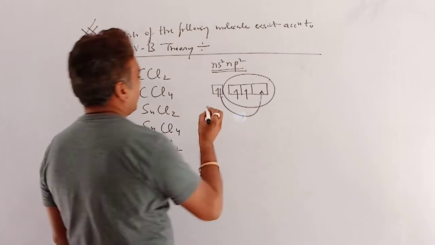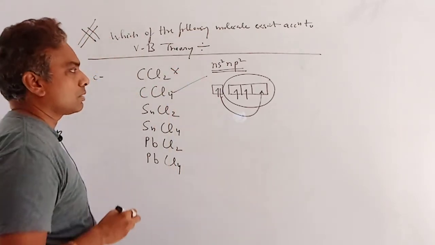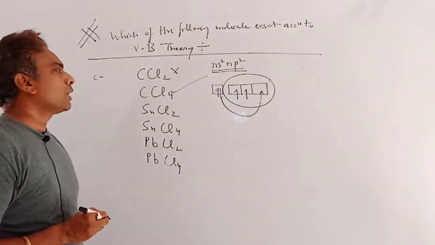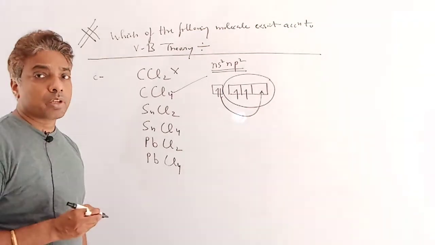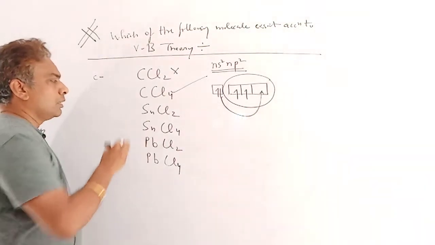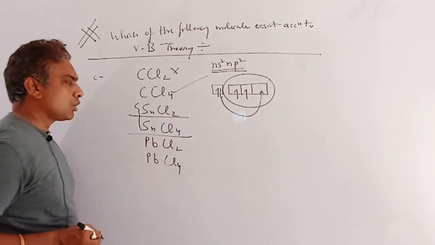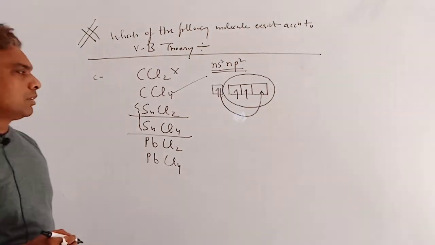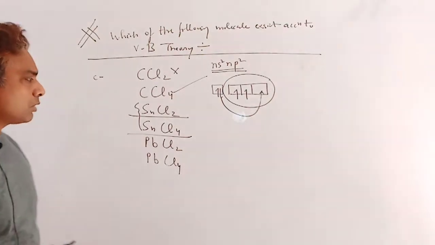So CCl4 is known while CCl2 does not exist, but according to VB theory, CCl2 may exist due to the presence of 2 unpaired electrons in ground state. But in case of tin, both halides exist or are known, stannous as well as stannic chloride. Both are stable, SnCl2 as well as SnCl4.